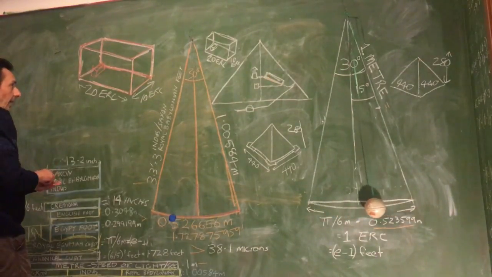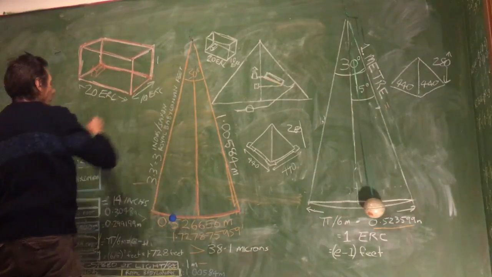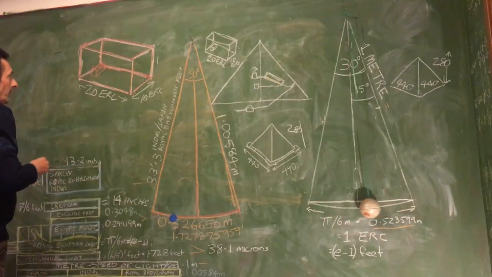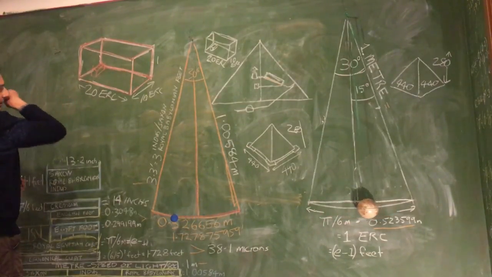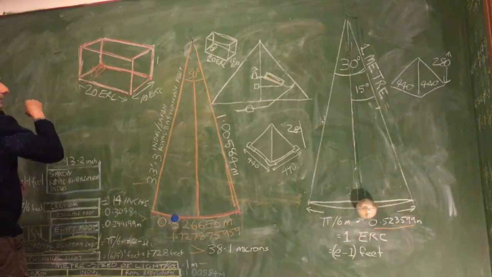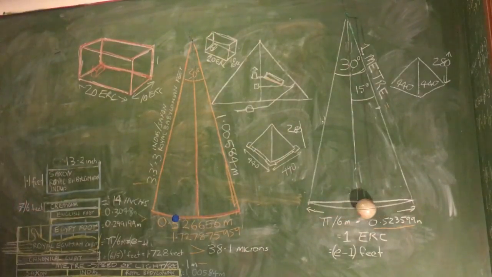However, now it's been measured, but one of the ways you can work it out is that apparently the Egyptians didn't understand the Pythagorean theorem according to the official version.